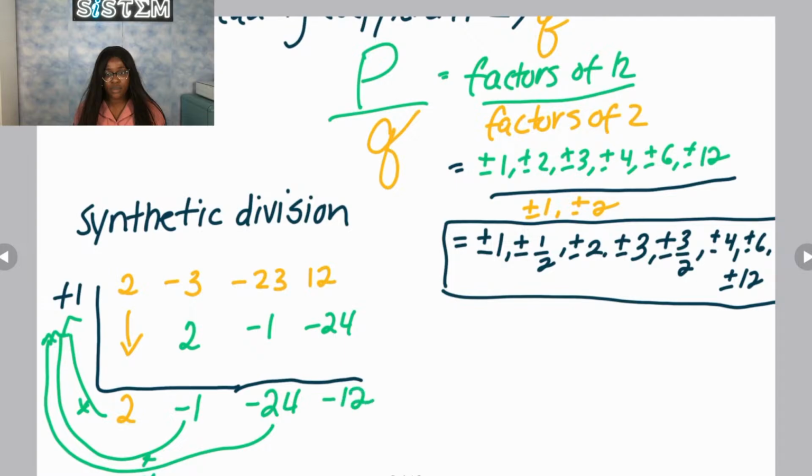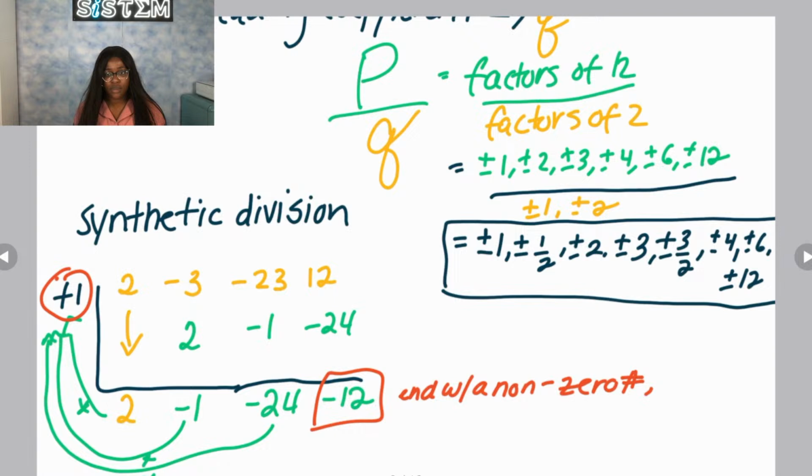So if you end with a non-zero number, so this is not 0, then you can say in this problem, +1 as a potential x-intercept is not possible.